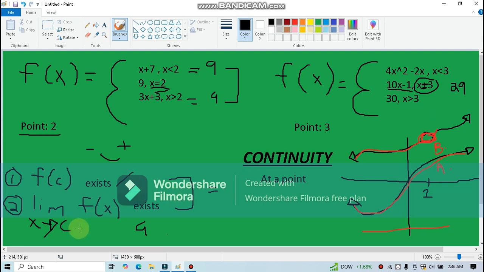Now then, the limit, the left hand side and the right hand side, we're going to check this. So let's just substitute 4 multiplied by 3 raised to 2 minus 2 multiplied by 3. So 3 raised to 2 is 9, multiplied by 4 is 36. 36 minus 6 is 30.